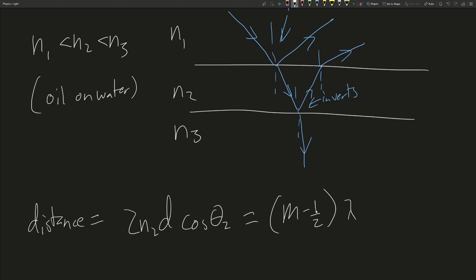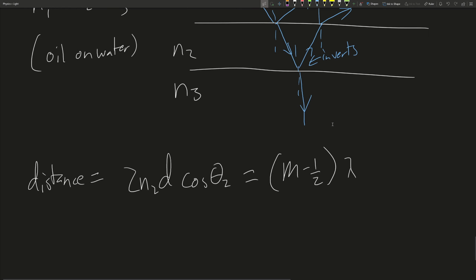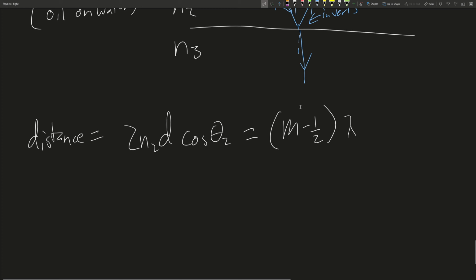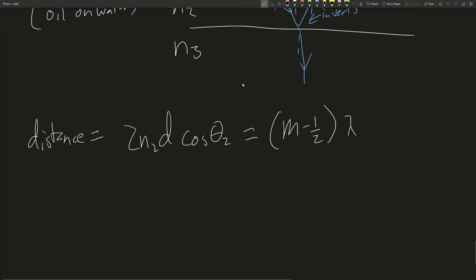So if it's 1/2 offset from an integer multiple of the wavelengths, then it'll be destructive because the inversions, since there's 2 of them, they cancel out. And so it's destructive if they're 1/2 a wavelength apart or 180 degrees out of phase. And so with 2 inversions, you have to have this offset of 1/2 in the distance, 1/2 wavelengths.